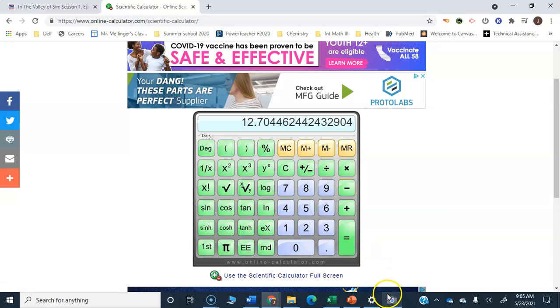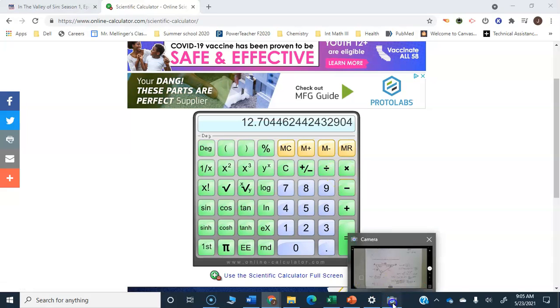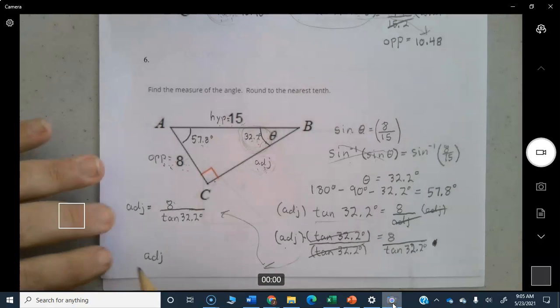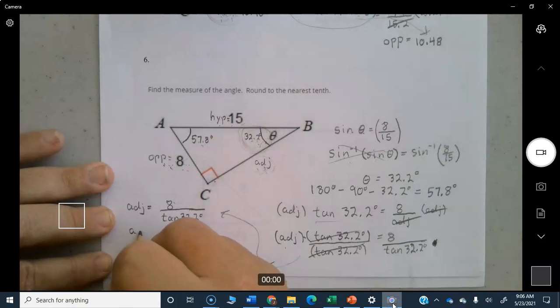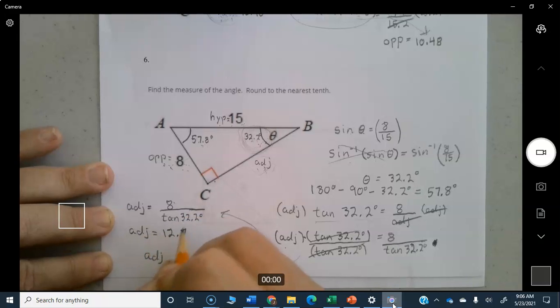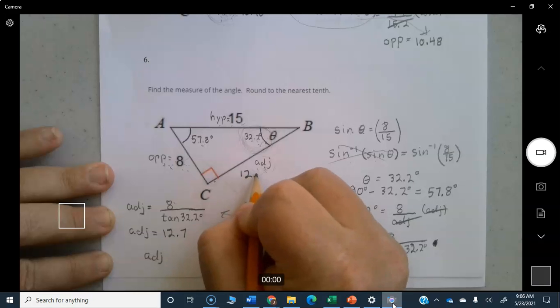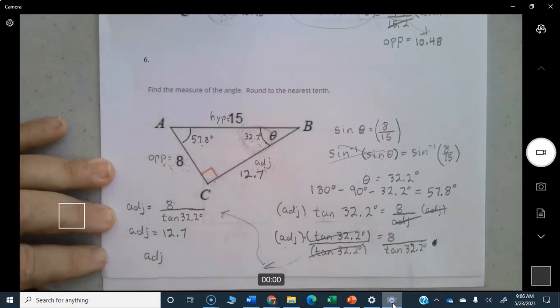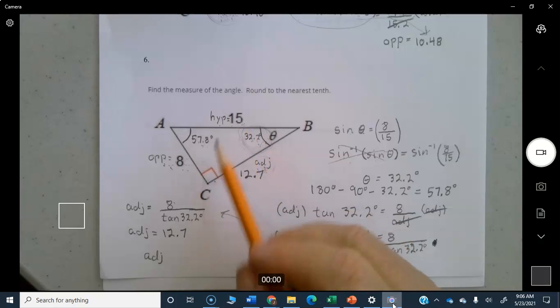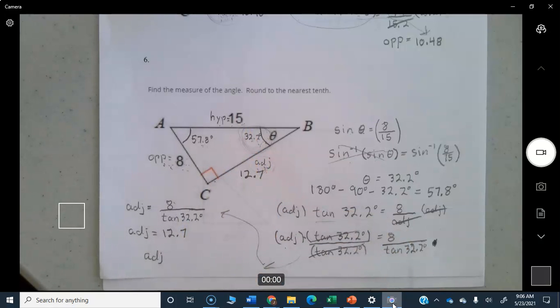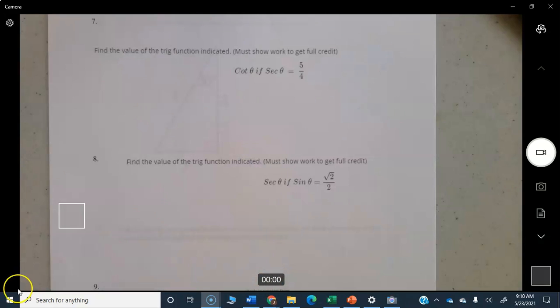Okay? So that is going to be our answer for the adjacent. And again, that's a distance. So it's this distance right here. The distance of this side right here. Okay, so we have all 3 sides, all 3 angles, and that takes care of that problem.